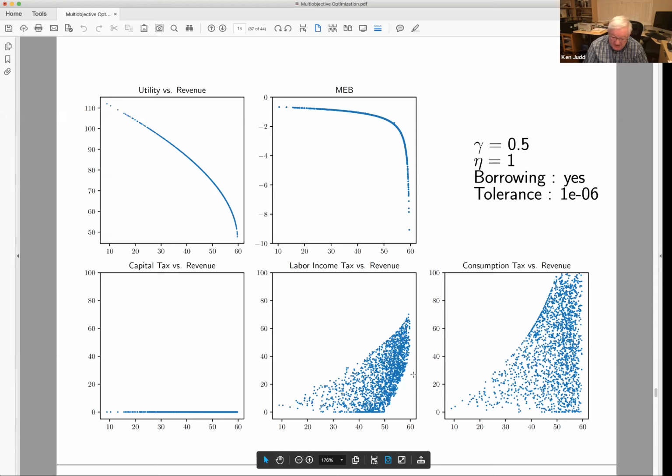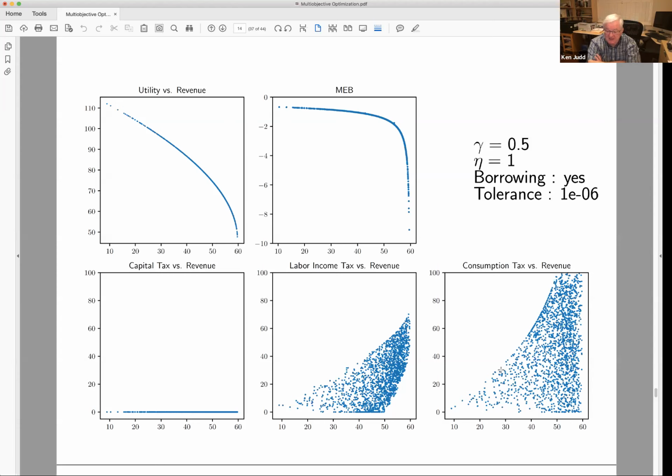My suspicion is that at 30, if you're at this point where labor income tax is 0, then at that point, the consumption tax is high. So basically, we haven't quite worked out the presentation, but I'm sure we could visualize how for any given tax revenue target, there's a menu of labor and consumption taxes that will reach that target.